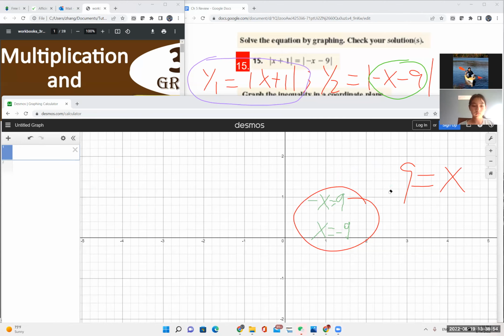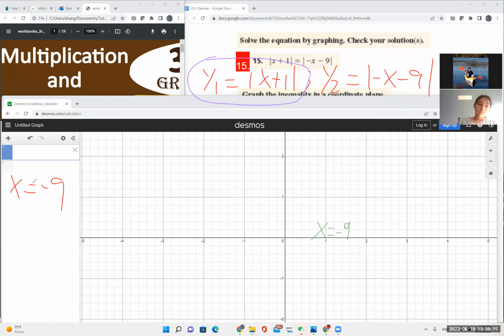Then when x is negative 9, what's the value for y? Or even let me write here, when x equals negative 9, y equals what? 0.